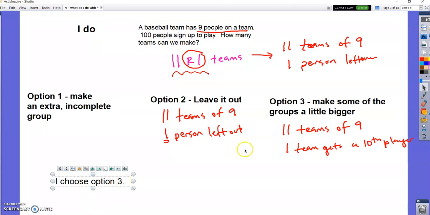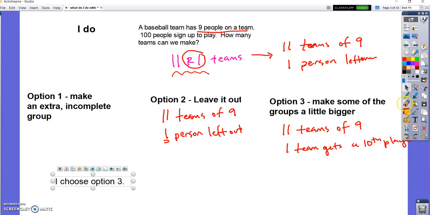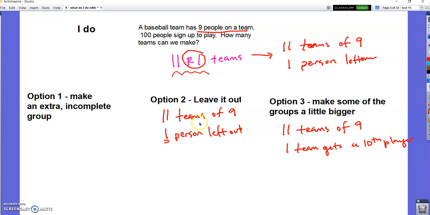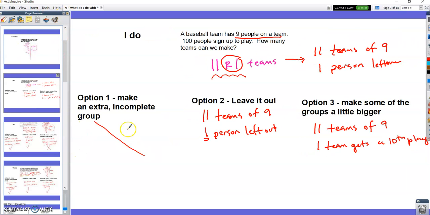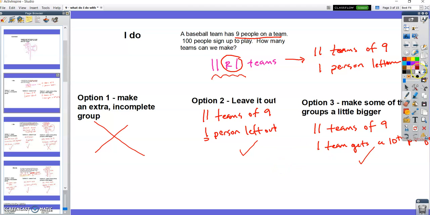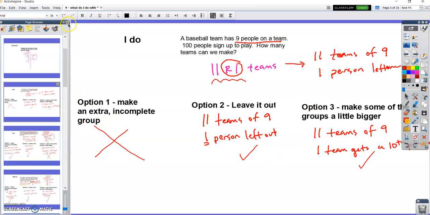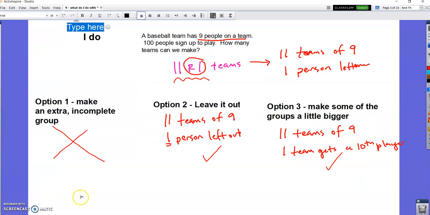So if this was your question, and you did all of your math perfectly, you divided, you got 11 remainder 1, and you looked at option 1, yes, option 2, no, or option 2, yes, option 3, no, and you decided, I don't want that, this would be okay, there's a 3-step process I want you to consider to answer these questions.